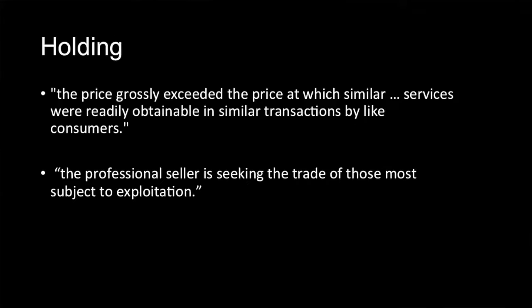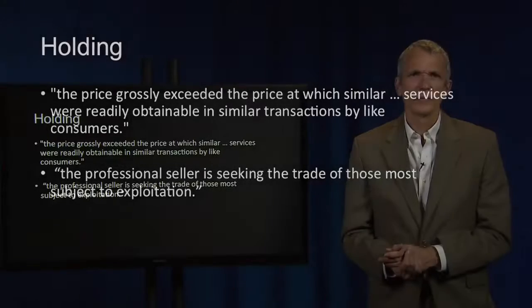The court first notes that unconscionability is hard to define, but states that its purpose is to establish a broad business ethic. Among other factors, the court will consider whether the price grossly exceeded the price at which similar services were readily obtained in similar transactions by like consumers, and whether a professional seller is seeking the trade of those most subject to exploitation.